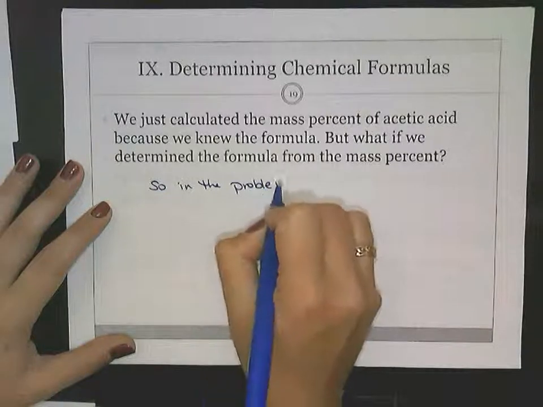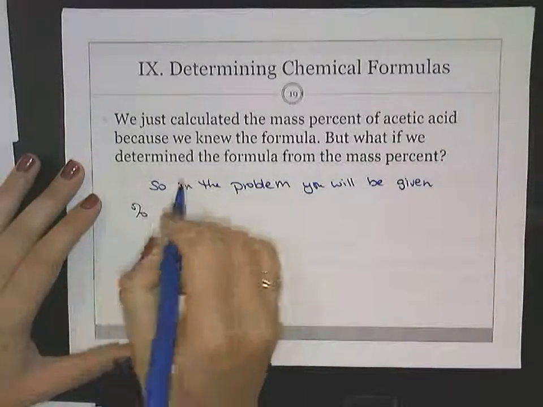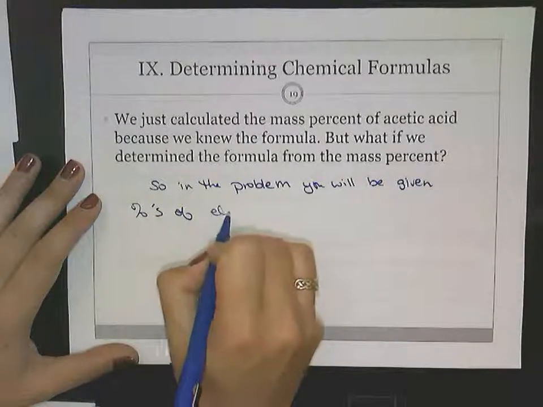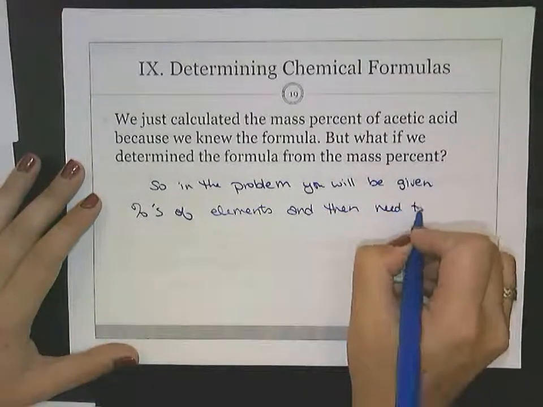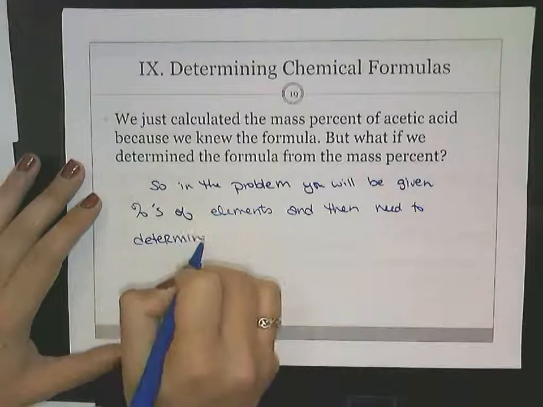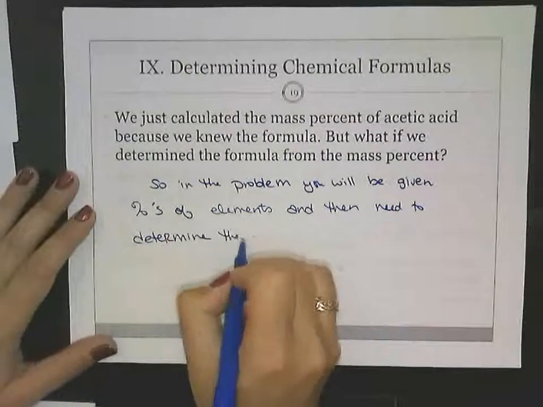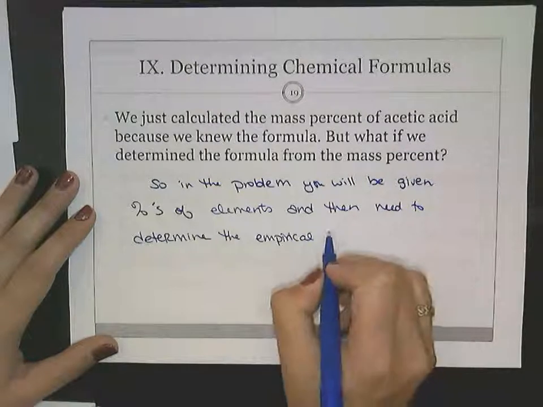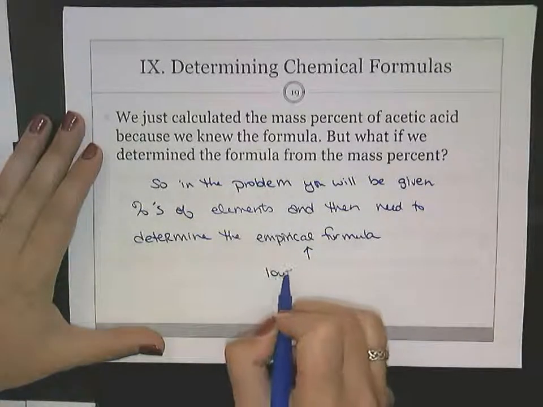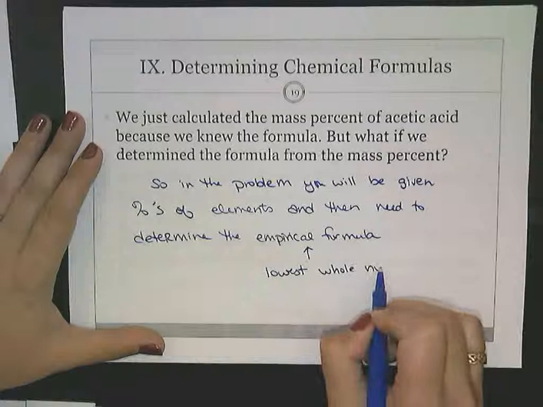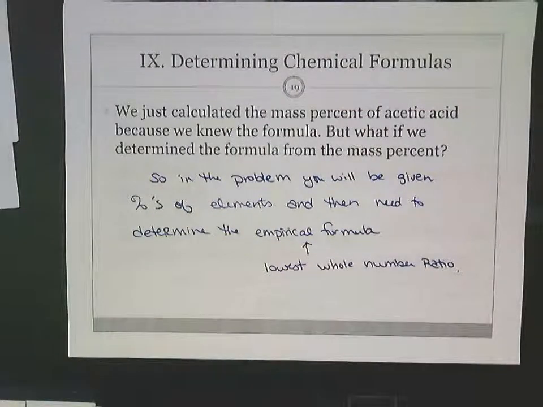So in the problem, you'll be given percentages, then you'll need to determine the empirical formula, which is the lowest whole number ratio of the elements to each other.